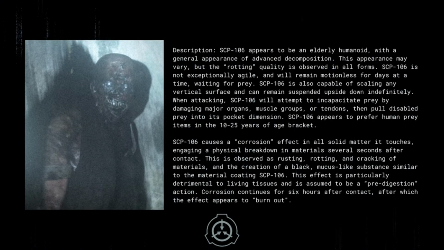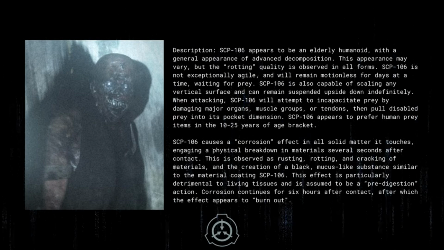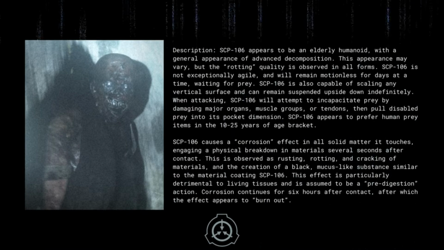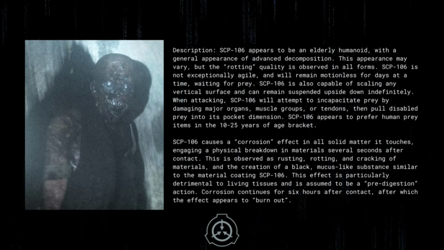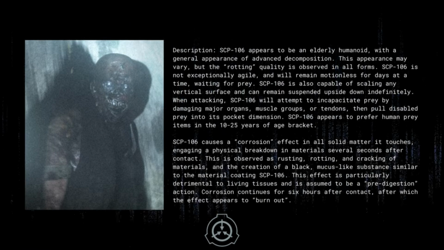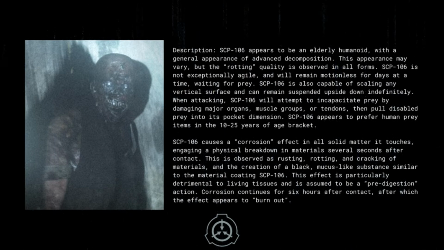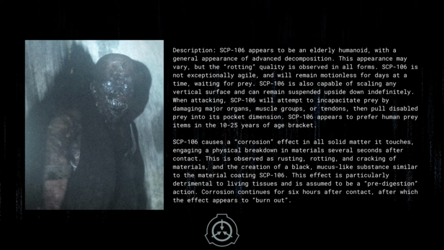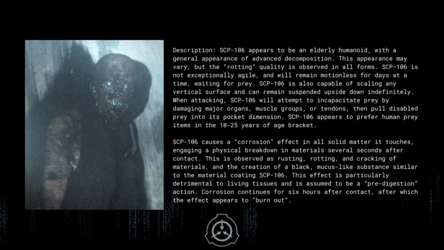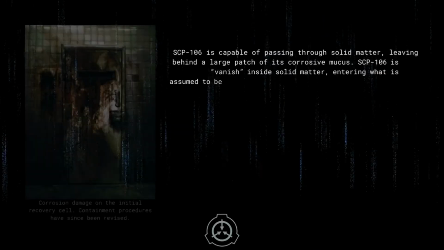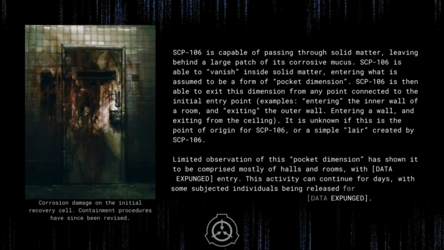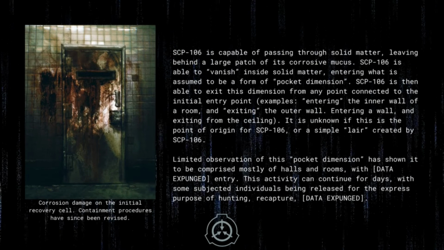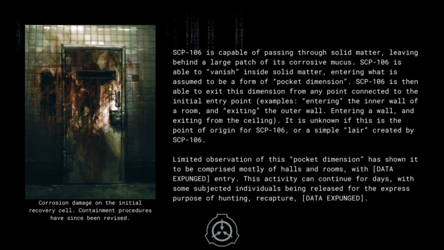This effect is particularly detrimental to living tissues and is assumed to be a pre-digestion action. Corrosion continues for 6 hours after contact, after which the effect appears to burn out. SCP-106 is capable of passing through solid matter, leaving behind a large patch of its corrosive mucus.